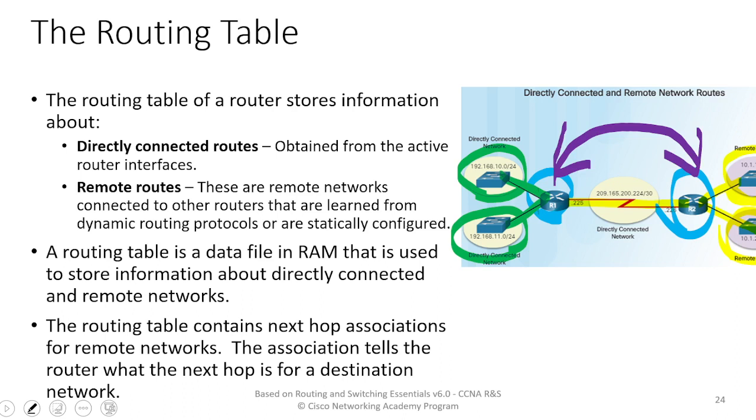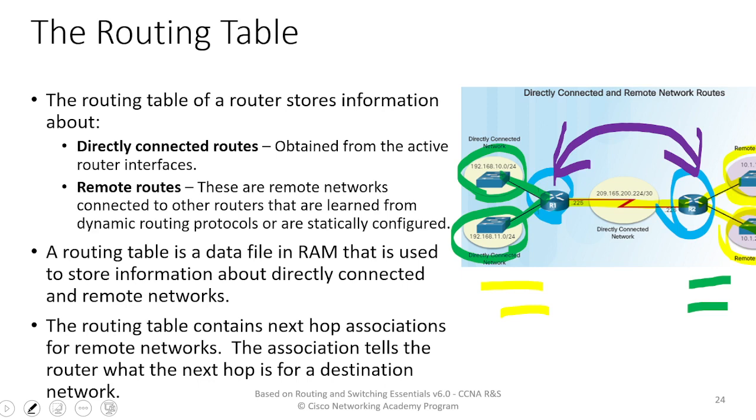But routers will exchange this routing information and update each other's routing tables. So the router here will learn about the remote networks through the other router, and this router will learn about the other two remote networks that can be reached through router 2.